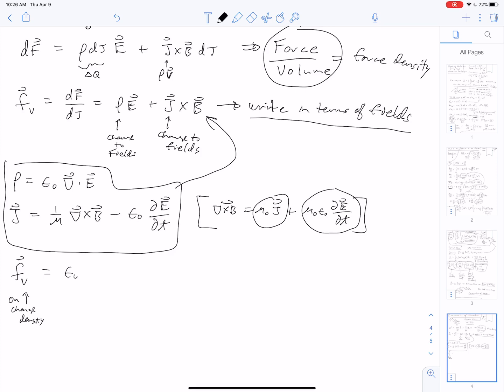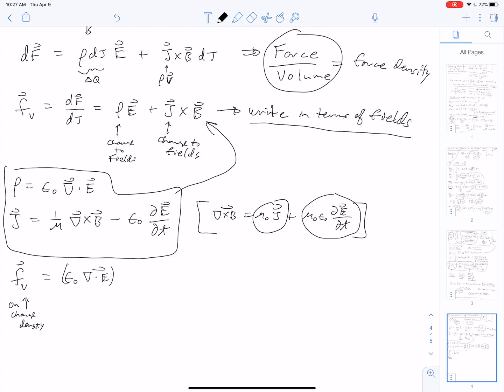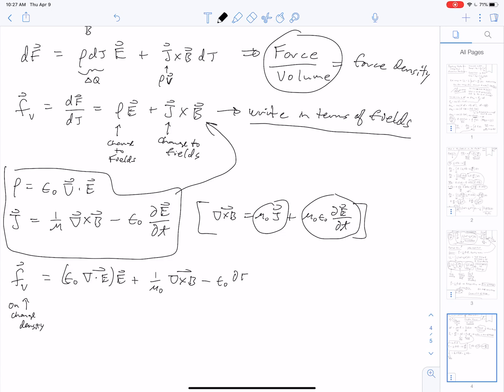It's equal to epsilon naught times del dot E times E, plus J is now 1 over mu naught del cross B, minus epsilon naught dE dt, cross B.